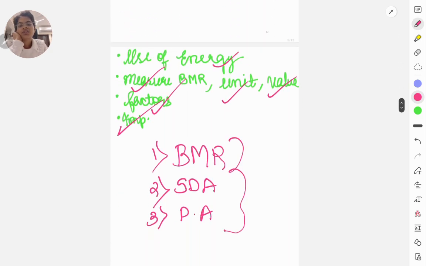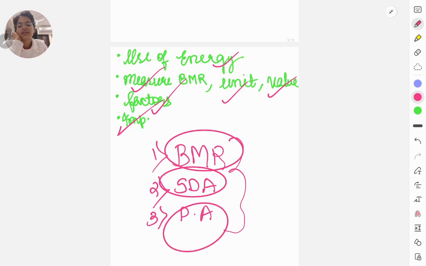Now use of energy would be in three things: BMR, SDA, and physical activity. BMR is basal metabolic rate, SDA is specific dynamic action, and physical activity.